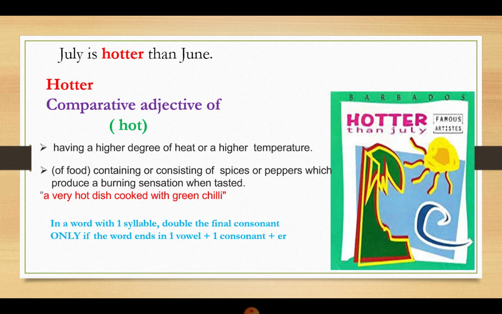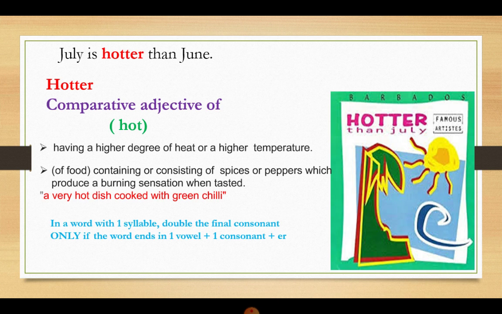So the word hot consists of one syllable. Say it, hot, one syllable. It consists of one vowel and one consonant. If we have a word like hot, one syllable with one vowel and one consonant, you have to double the last consonant.